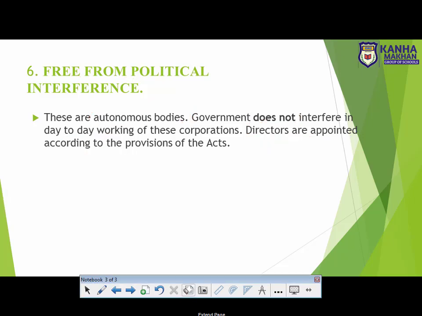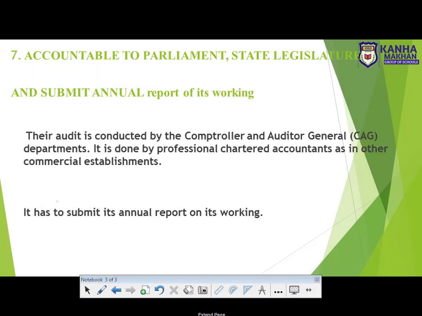Now moving further to the next part, that is, accountable to parliament and state legislature, and submit an annual report of its working. They are basically accountable to parliament and the state legislature, and obviously they have to submit an annual report of their working. Whatever they do, they have to submit a report to the parliament, mentioning exactly what they have done. For example, we are talking about auditing.